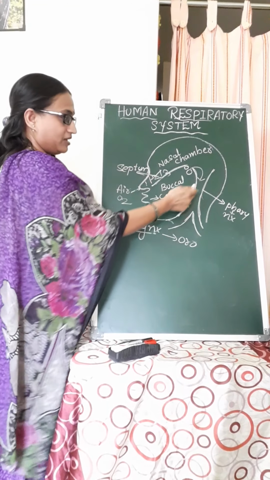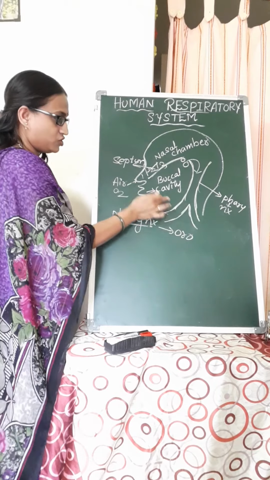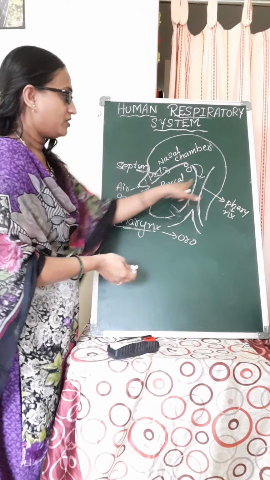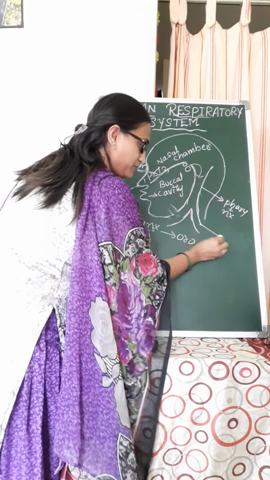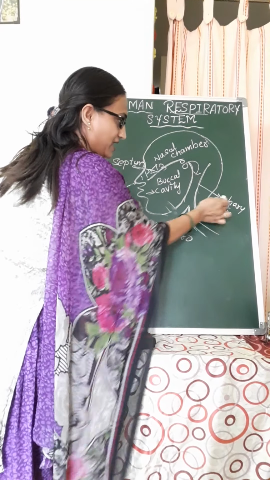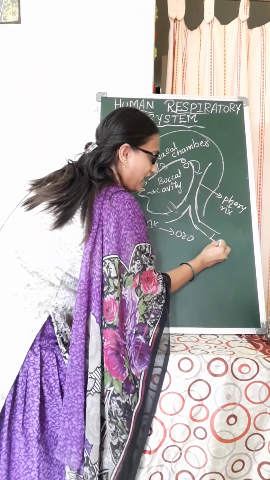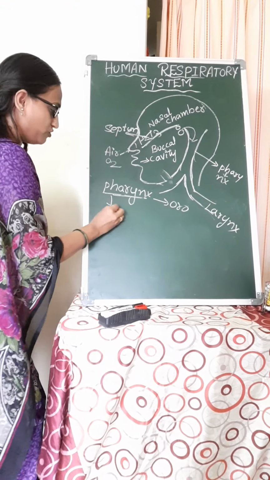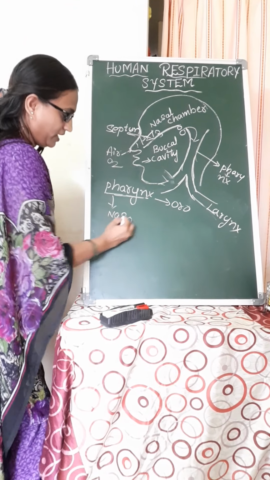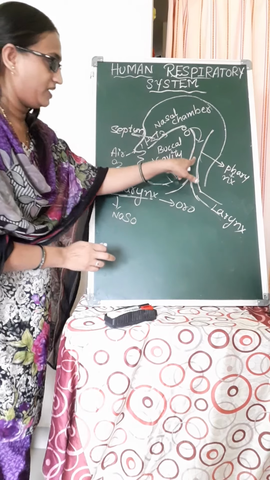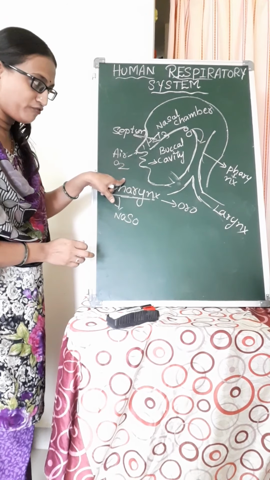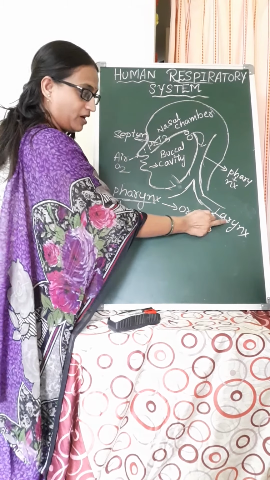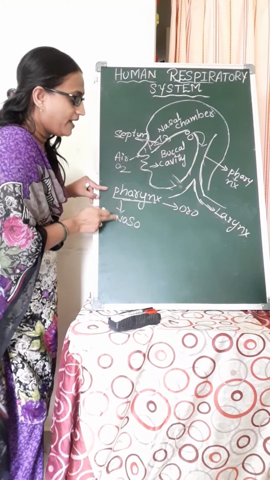The part of the pharynx which is connected to the respiratory system continues and enters the larynx. This we call the nasopharynx.